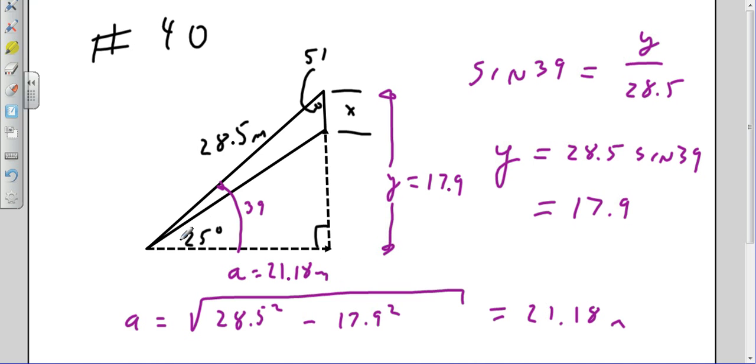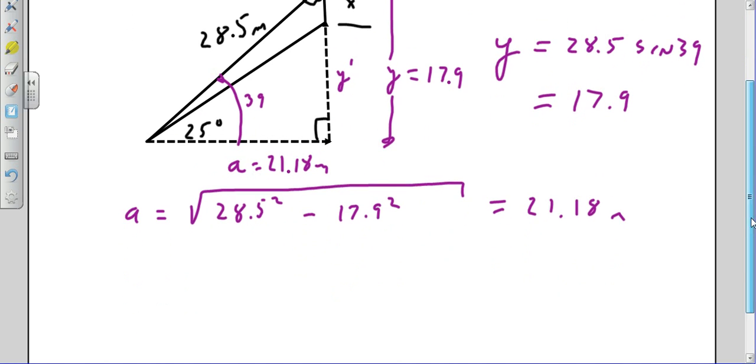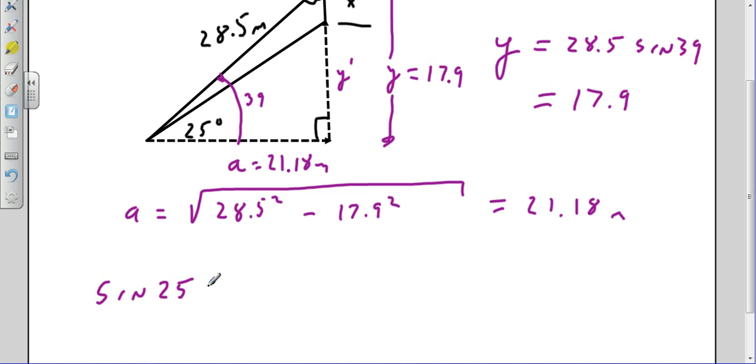Now with that side and the angle 25, I can find this side over here, we'll call it y prime. And so the sine of 25 is equal to y prime divided by 28.5, which implies that y prime is 28.5 times the sine of 25, which is 12 meters.